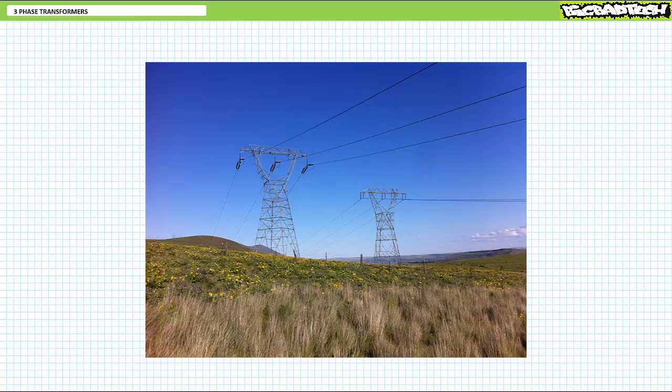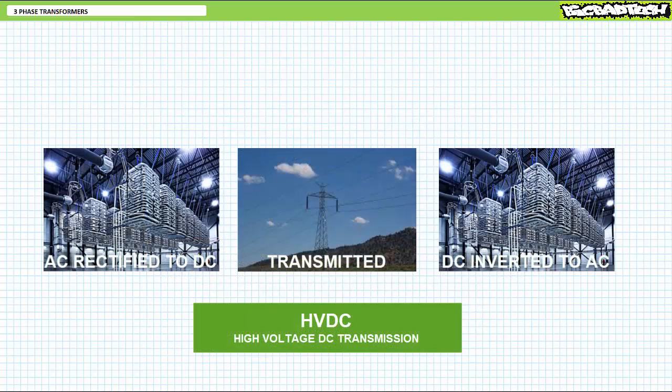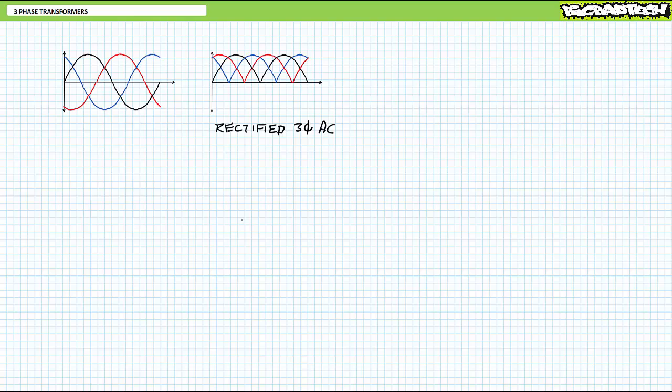Lest you think that phase shift is only important to AC applications, phase shift has other important applications inside high-voltage DC transmission, which is essentially the large-scale rectification of AC to DC, transmittal over long distances, and then the subsequent inversion of DC back to AC at the point of use. Given ordinary rectified three-phase AC on the DC link, there's a noticeable ripple, which may cause unwanted harmonics.